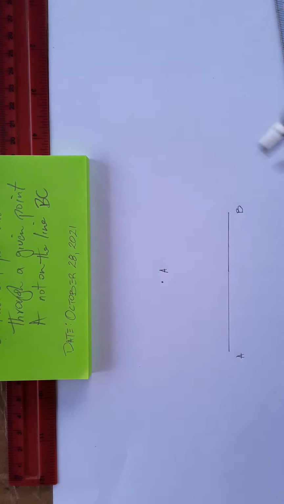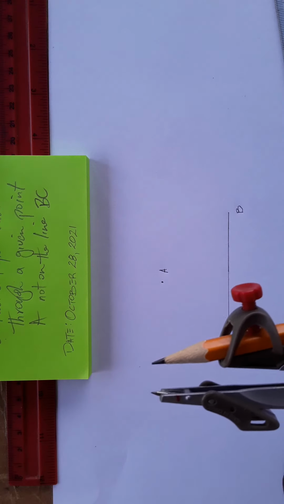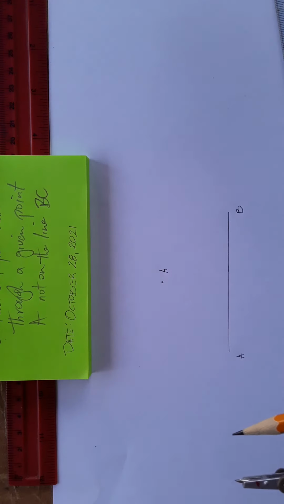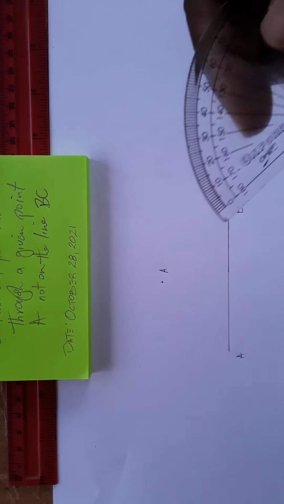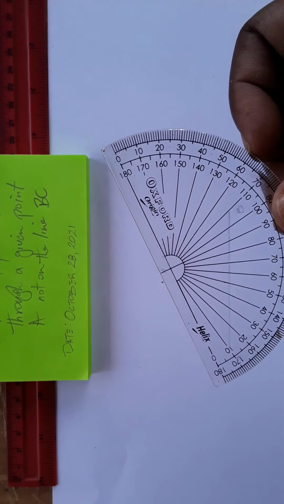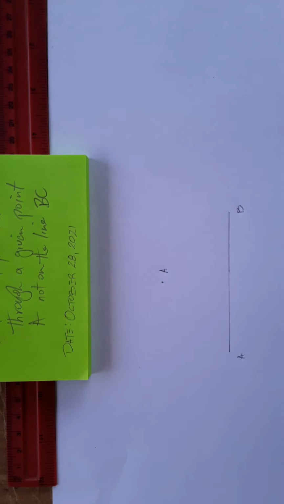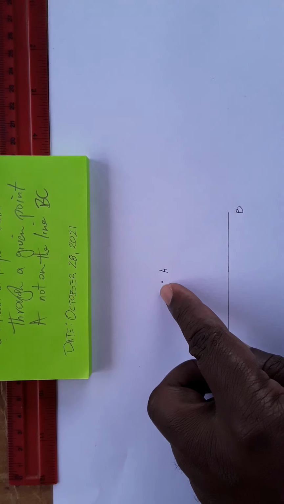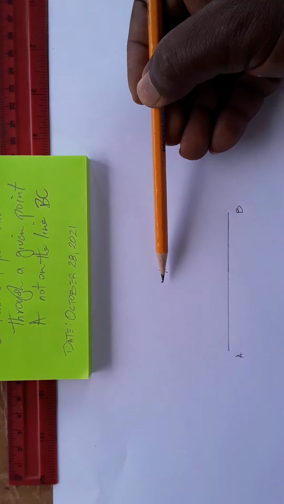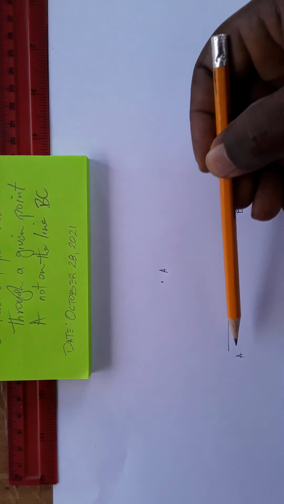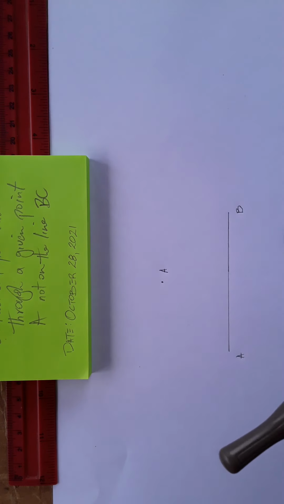Now our construction begins, and we are going to be needing our compass and our ruler, as also our protractor to test for accuracy. So remember, we are about to begin now. With center A and your compass set to a radius that will extend from this point to a little below the given line AB.